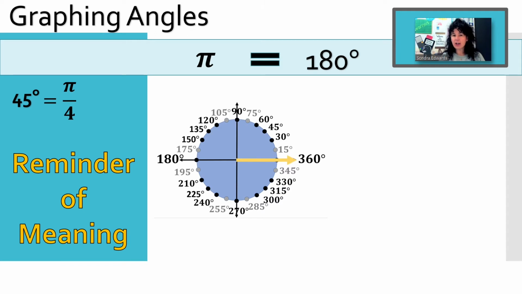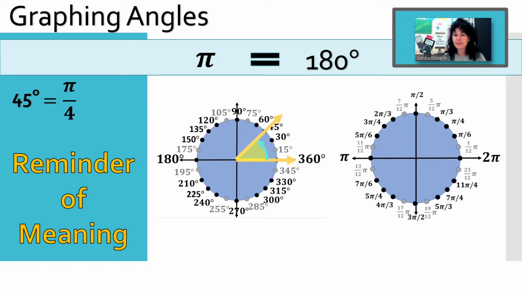You start with the initial side on the positive x-axis, and then we rotate that ray counterclockwise 45 degrees, and there we have the terminal side. So there's our angle measure, 45 degrees.